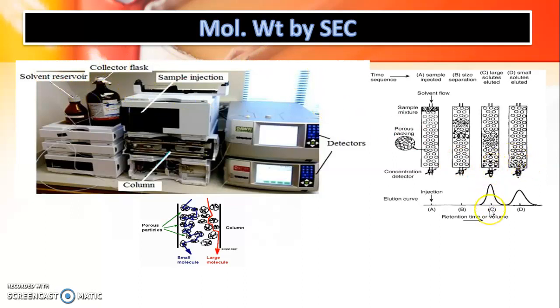And C is the curve for the large solute. This is the curve for the large molecule, and this one is the curve for the small molecule. It means that the small molecule will be eluted last, and this is the retention time or volume, represented by RT.